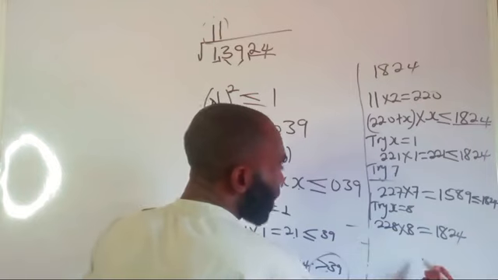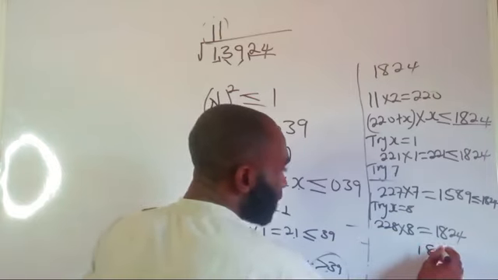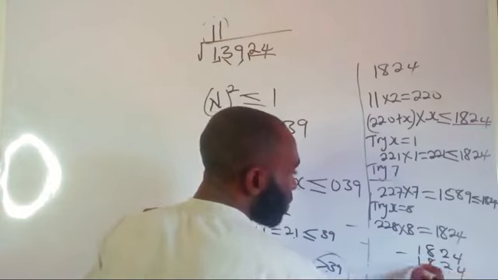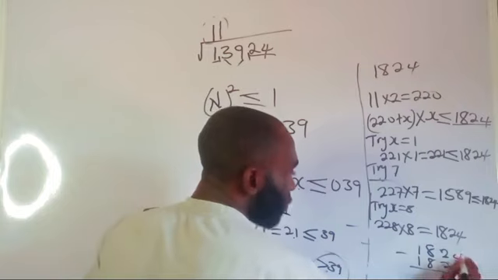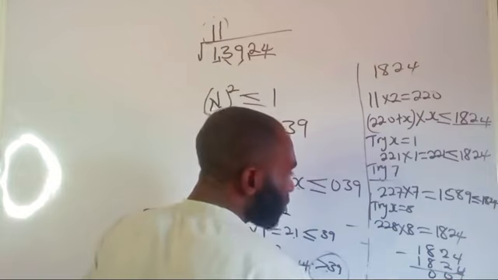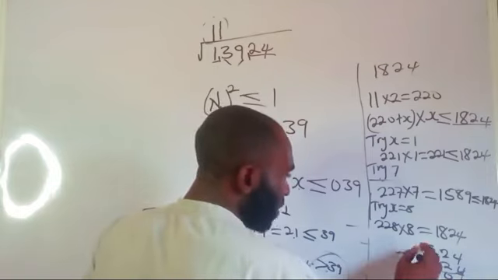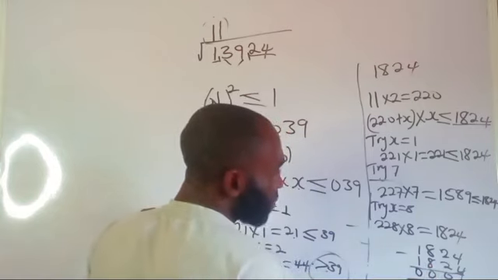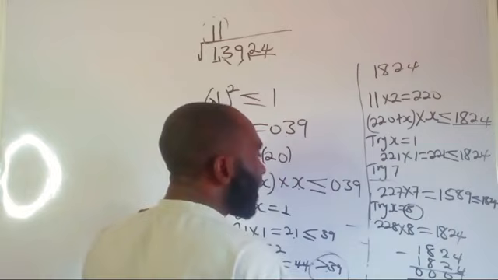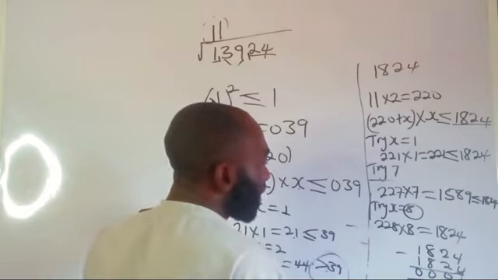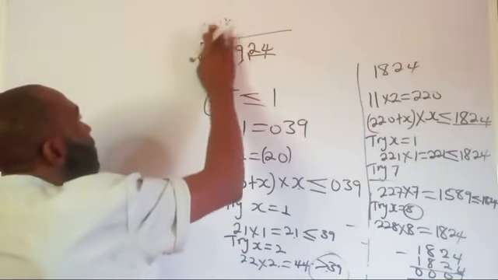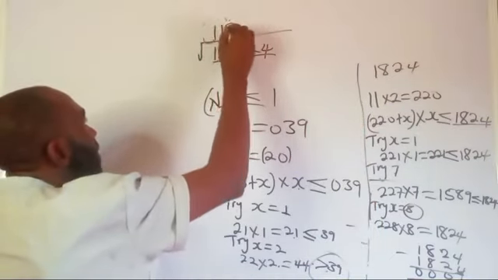When you subtract 1824 minus 1824, 4 minus 4 is 0, 2 minus 2 is 0, 8 minus 8 is 0, 1 minus 1 is 0. So you see that we arrive at 0 0 0. Which means the 8 gave us the target. So we come and write it here. That will become 118.